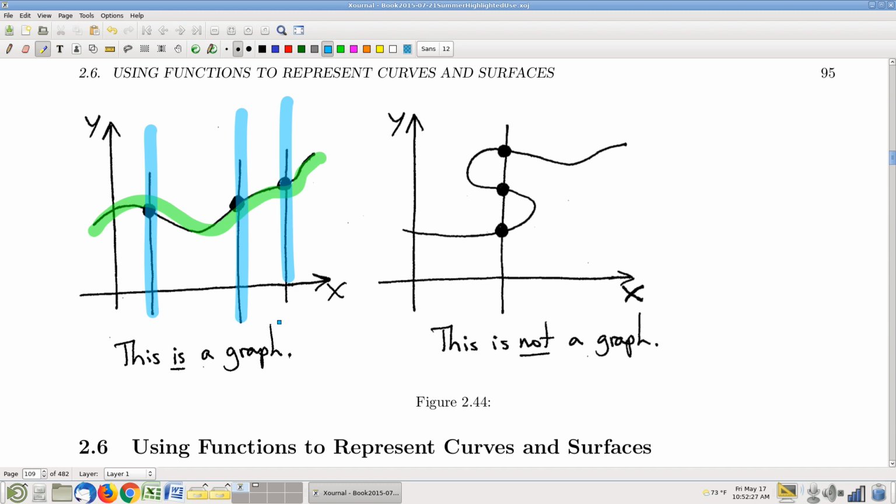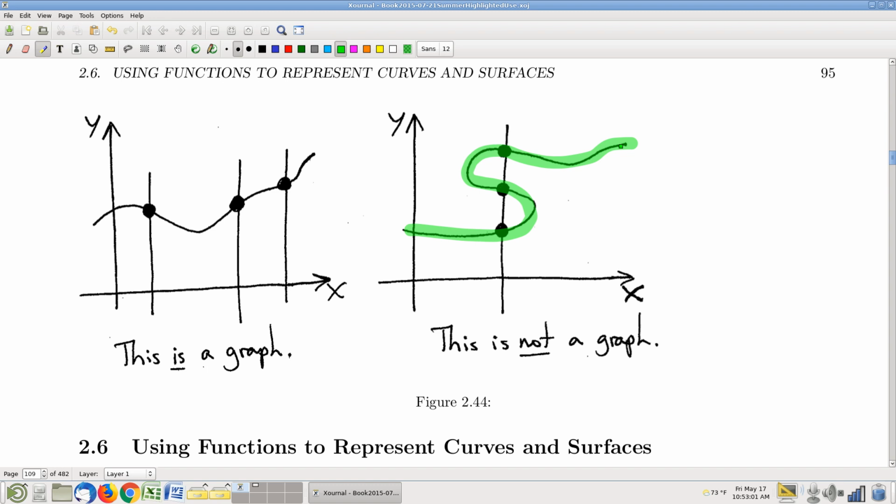So point being, because it passes the vertical line test, it is reasonable that we can say that for any given value of x, there is exactly one corresponding value of y and therefore I can call that y, whatever is the y value corresponding to this x value, the value of the function whose graph we're looking at here.